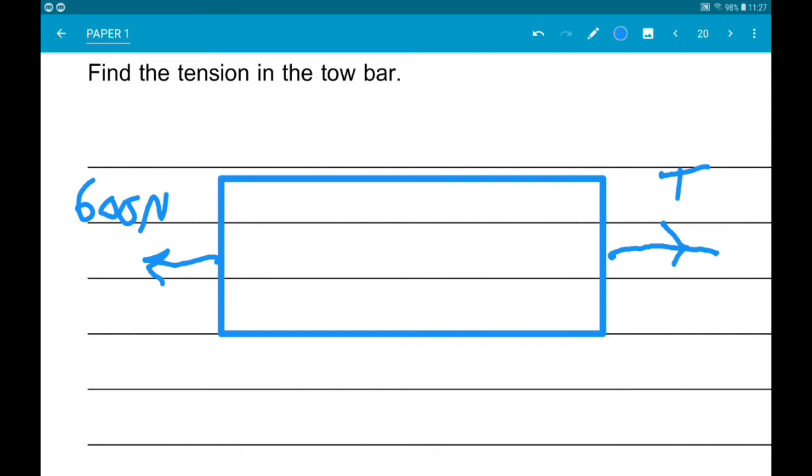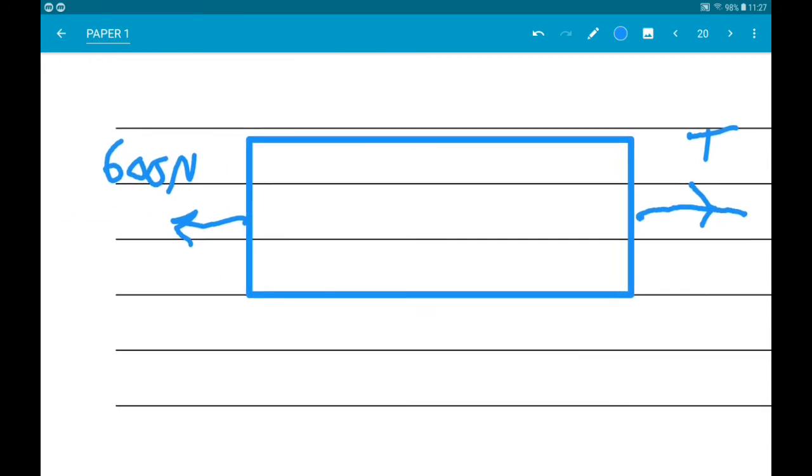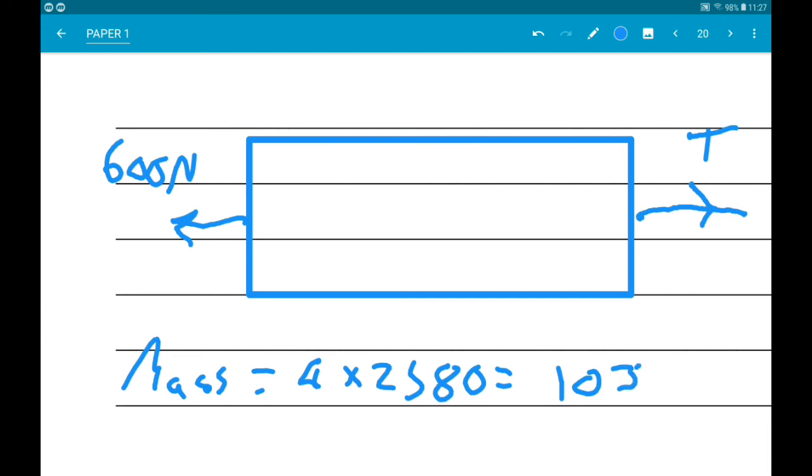Now we know the mass of the trailer was 4m, so the mass is 4 times 2,580, which is 10,320. Now again, using F equals ma, we know that the resultant force is tension minus 600.